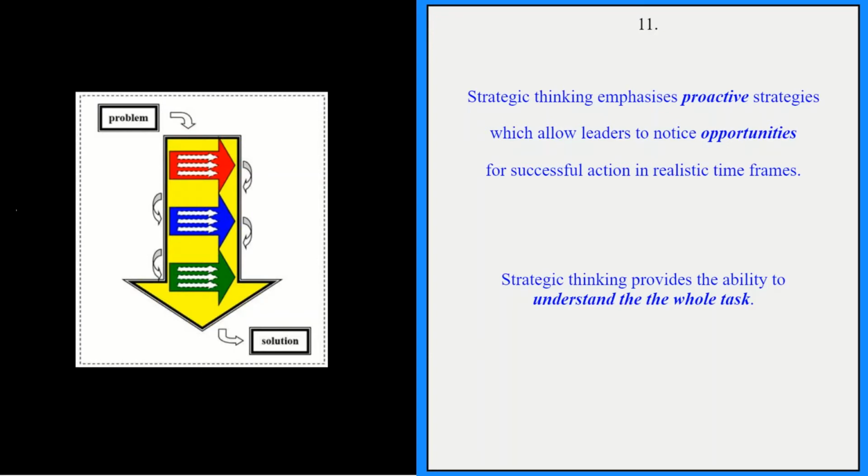Strategic thinking emphasizes proactive strategies, which allow leaders to notice opportunities for successful action in realistic timeframes. Strategic thinking provides the ability to understand the whole task.